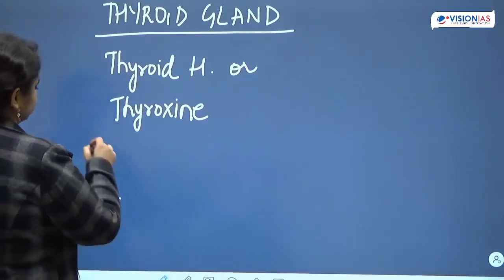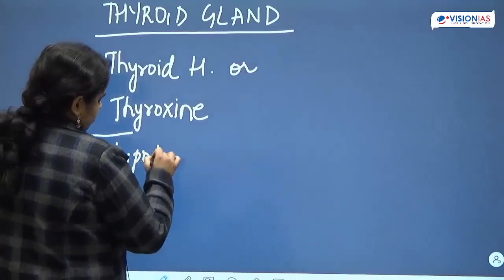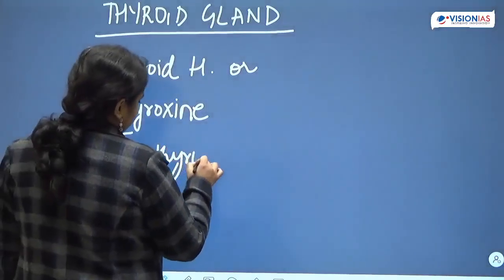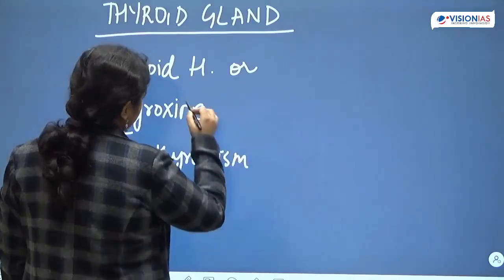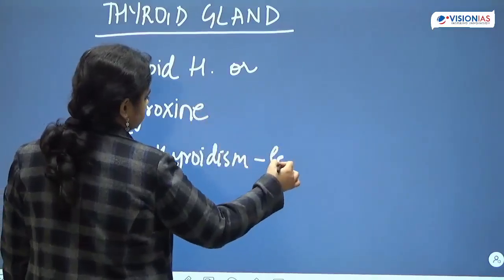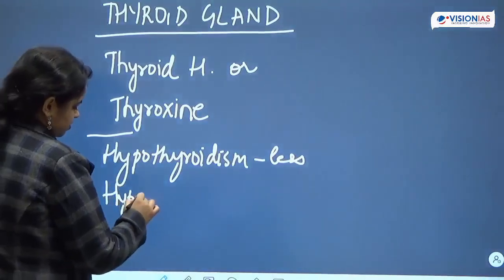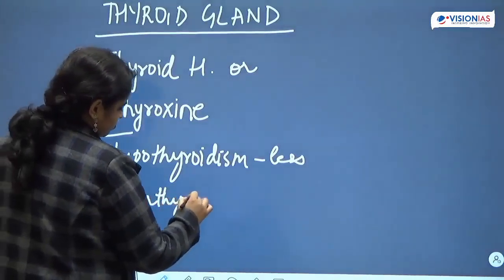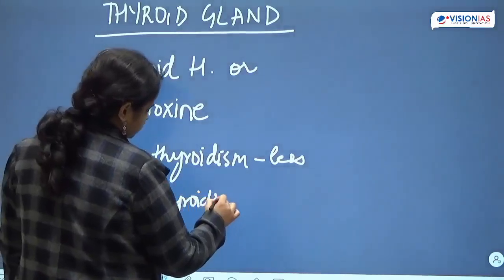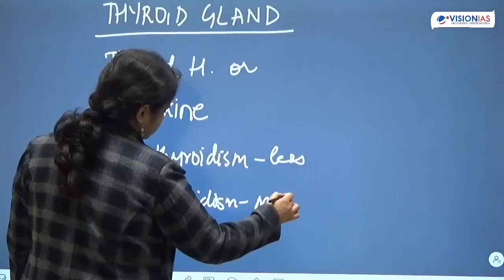We have terms for that. Hypothyroidism. Okay, when the production is less, and hyperthyroidism when the production is more.